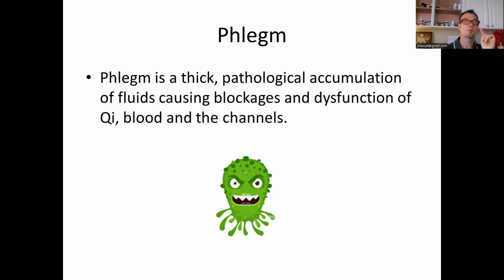Because when the phlegm gets in the way, then chi will start to stagnate, blood will start to stagnate. We've talked about this in the last lecture series. Sometimes when you look at diagnoses for stroke, they talk about phlegm being in the channel, blocking the chi, moving it around.